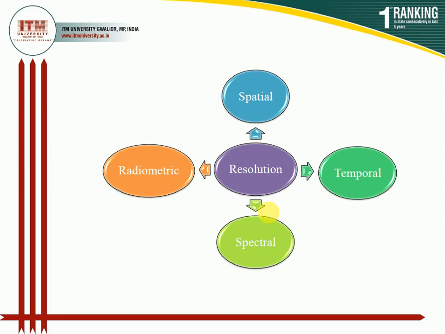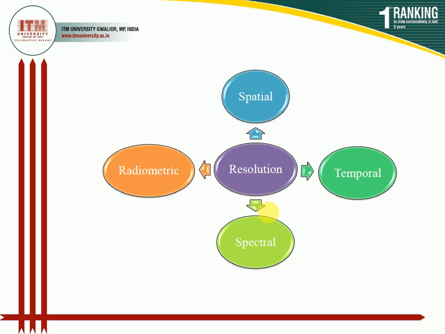Images where only large features are visible are said to have coarse or low resolution. In fine or high resolution, an image of a small object can be detected. Detailed mapping of land use practices requires a higher spatial resolution.